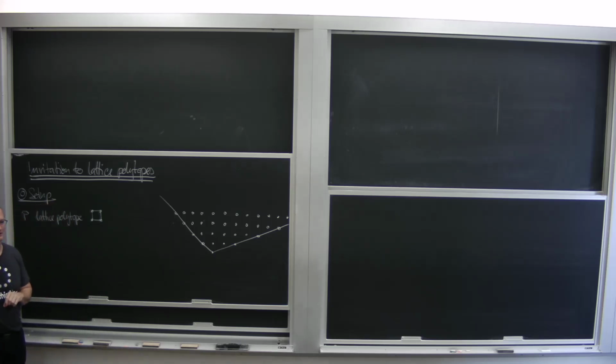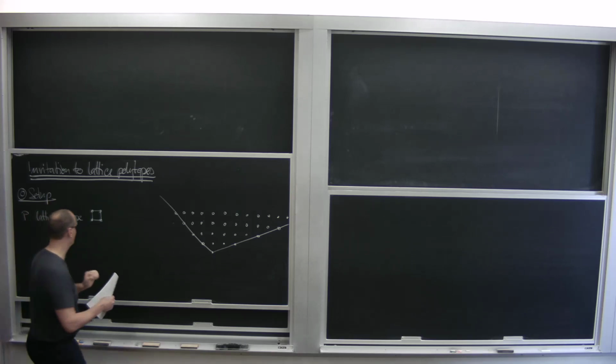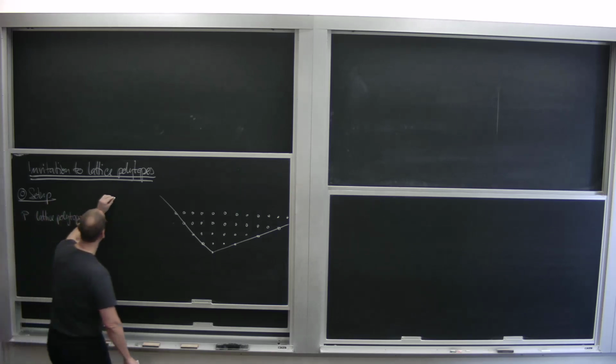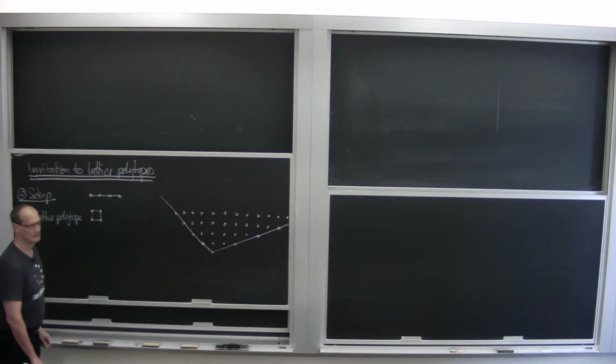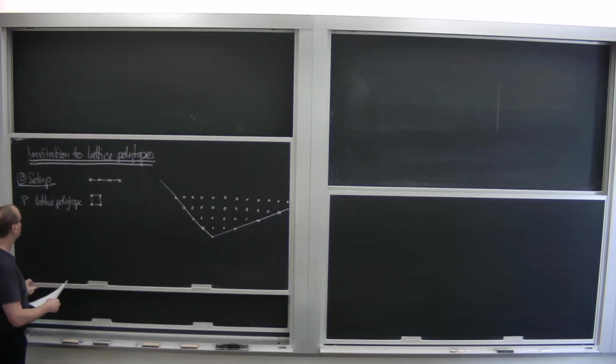This would be a good opportunity to ask, what is the convex hull? So when we ask it, it's going to press on. Okay. So my running example of a lattice polytope is the interval of length 3. That's also a really nice lattice polytope.